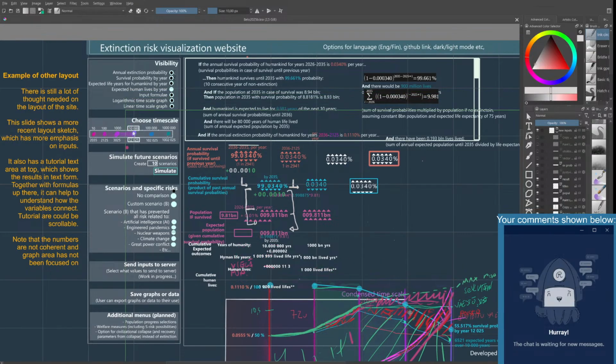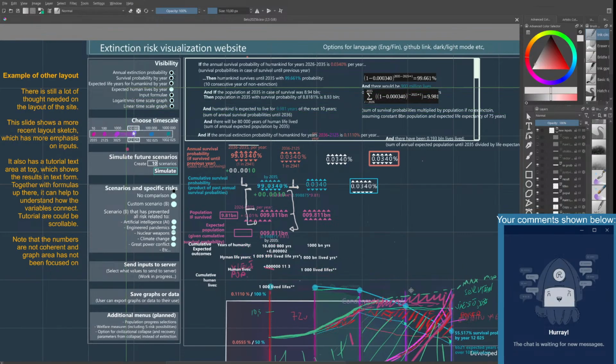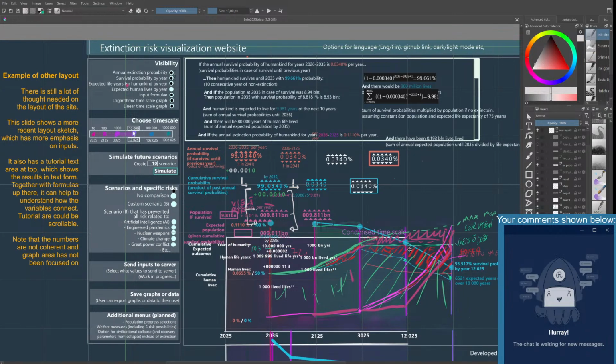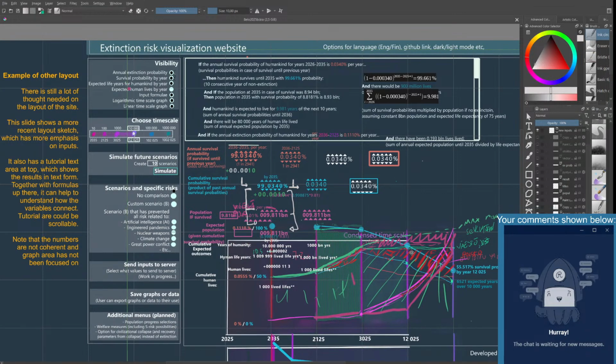So you would have to scroll down for them, and I still like the idea that they have these time periods that they show that connect to these inputs up there.